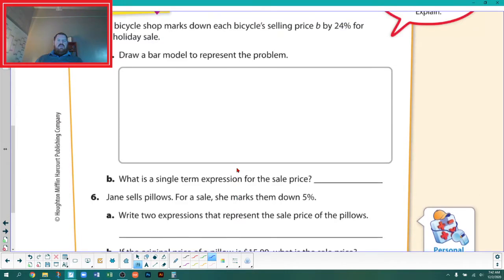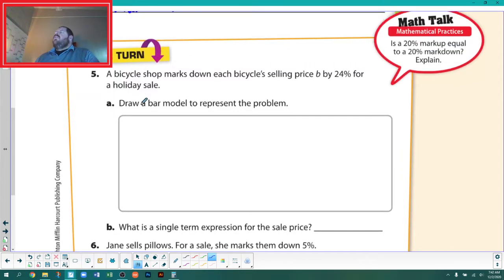The first one says that a bicycle shop marks down each of its bicycle selling prices B by 24% for a holiday sale. A little Black Friday sale going on here. So they want us to use a bar model.